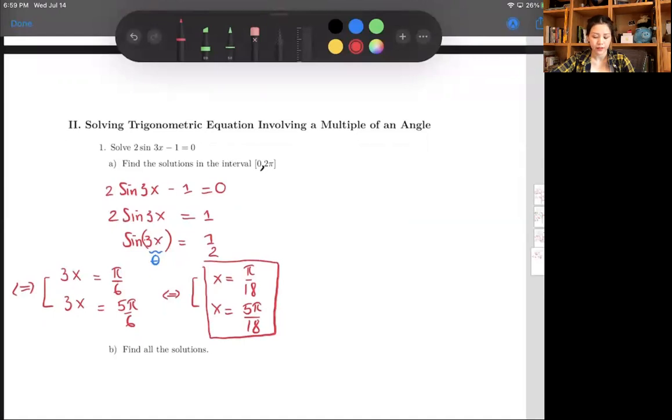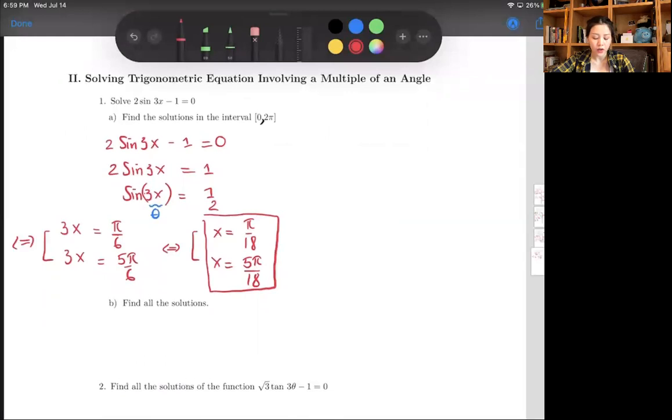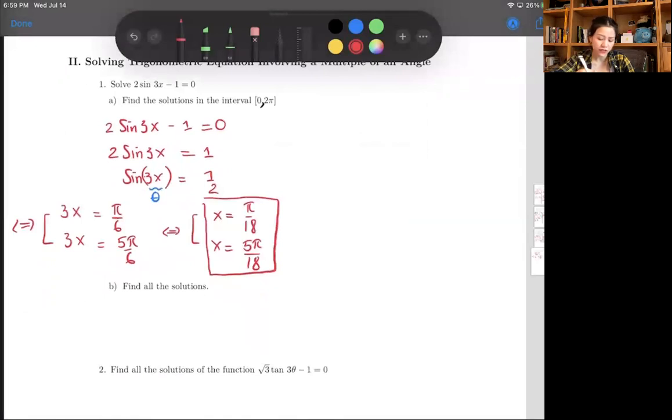Now part B, they want you to find all the solutions, meaning with unrestricted domain. So we solve the equation above, and almost at the end, we see that 3x equals pi over 6 and 3x equals 5 pi over 6, because that's my angle.